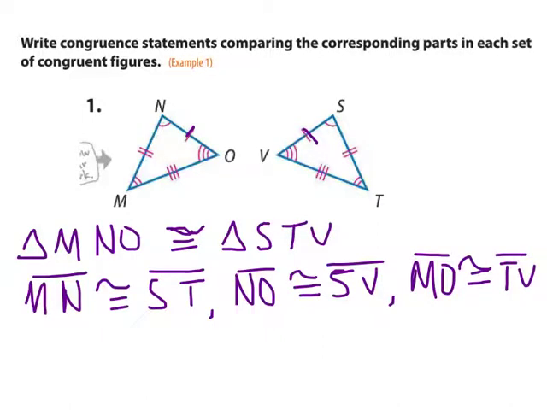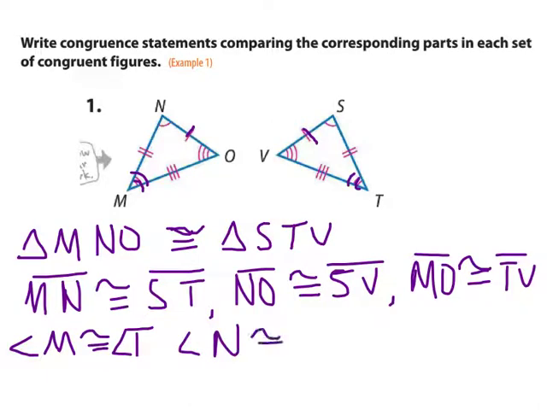Now we can do angles. Angle M is congruent to angle T because they both have two lines. Angle N is congruent to angle S, and angle O is congruent to angle V.